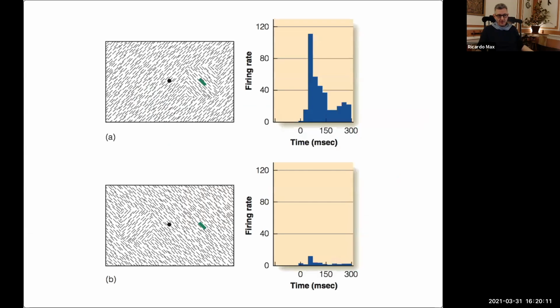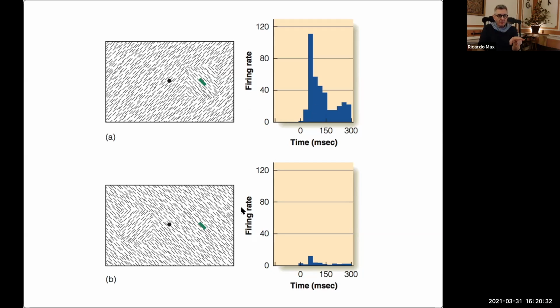In other cells in V1, the center of the striate cortex, they found cells that react to the same stimulus, but depending on the area around it.